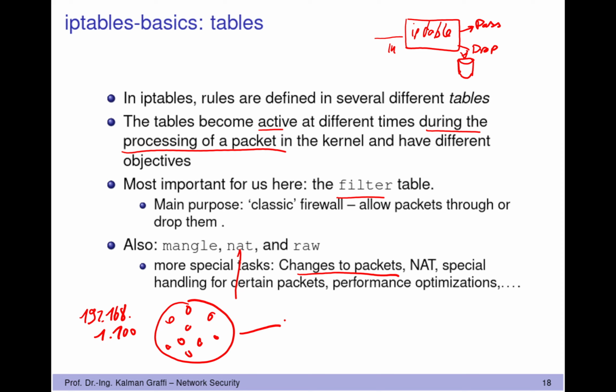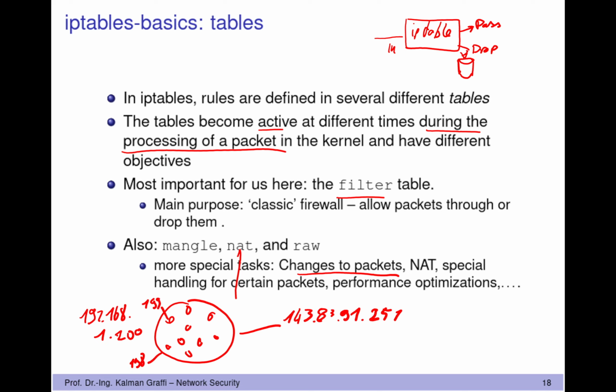But in the external world, you just have one public IP address, so you cannot all use public IP addresses, local IP addresses, because local IP addresses are not routable in the internet. And then, let's say this would be 199, this would be 198.